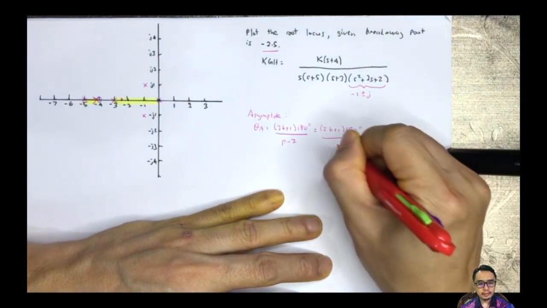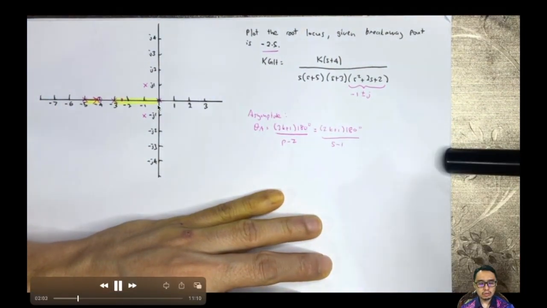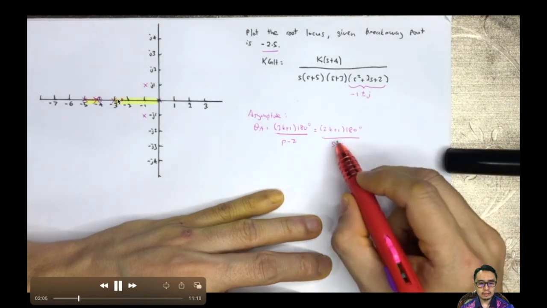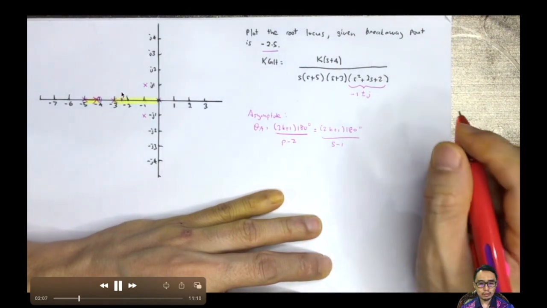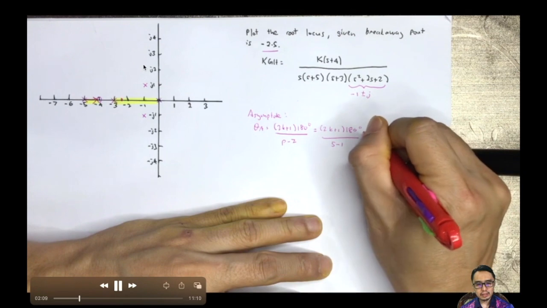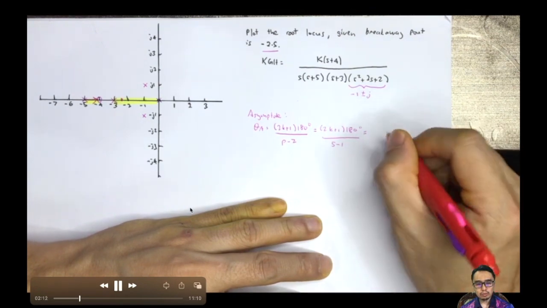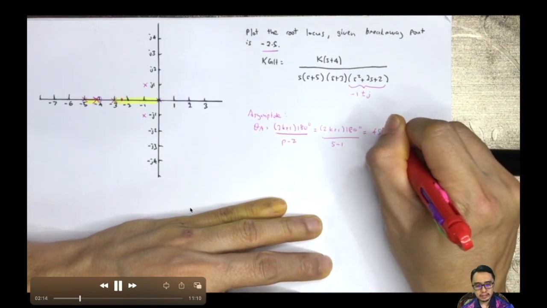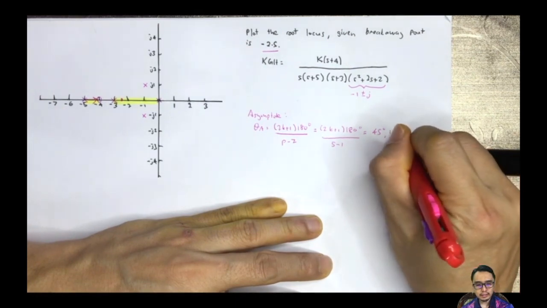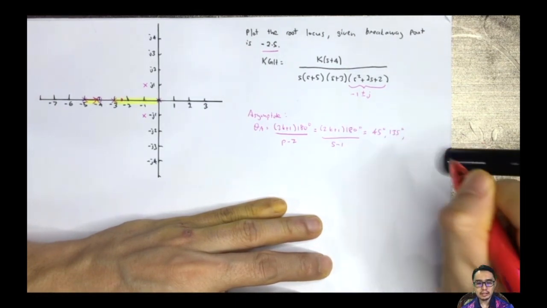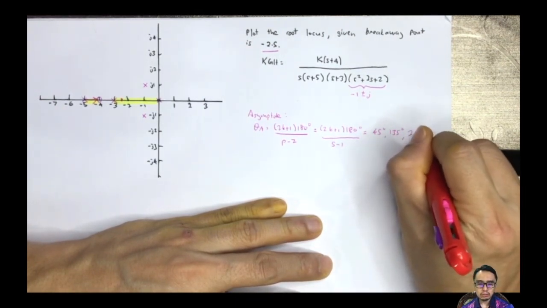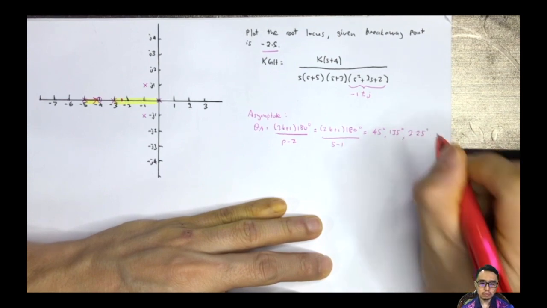We know that once we have the breakaway point, there will be a case when the pole will end at zeros. It should end at zeros, but in this case the zeros will be at infinity. So there should be asymptotes. Let's use the asymptote rule and calculate the asymptotes.